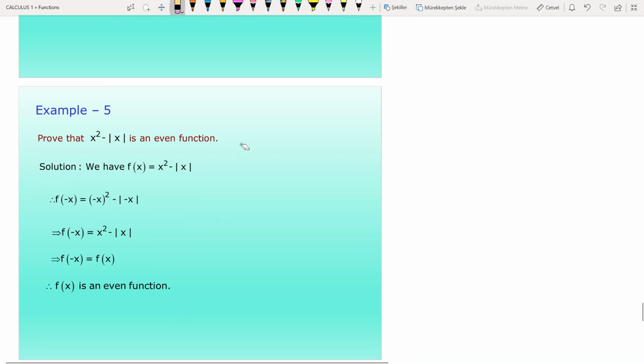Now let's look at this example. Prove that x squared minus modulus of x is an even function. So the first step to find whether a function is even or odd, you have to write minus x instead of x, then check whether you have minus f(x) or plus f(x).